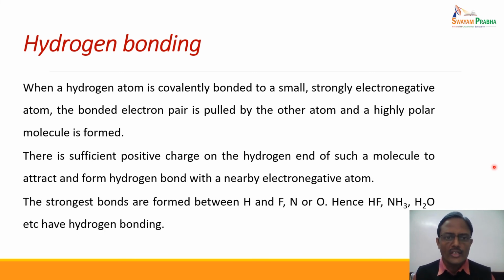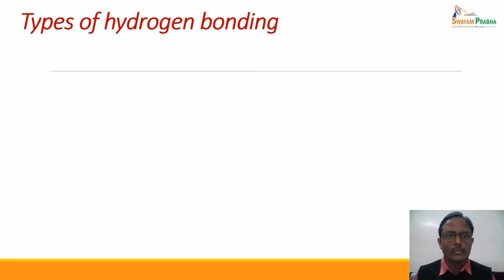The strongest bonds are formed when hydrogen is bonded with highly electronegative atoms like fluorine, nitrogen, oxygen, like HF, NH3, H2O. They have a tendency to show very strong hydrogen bonding.